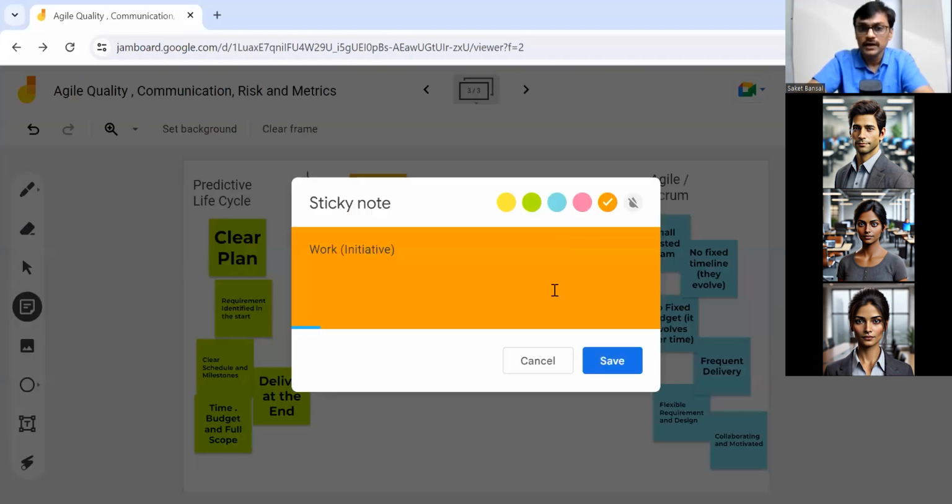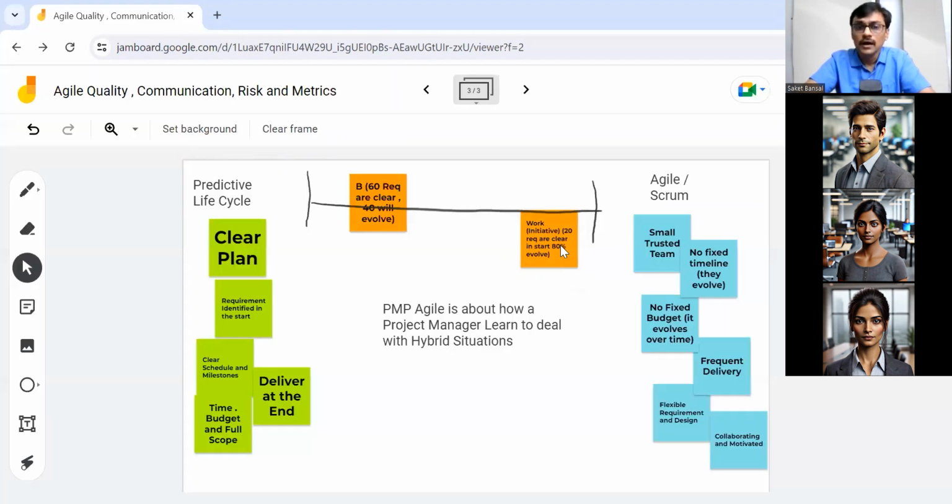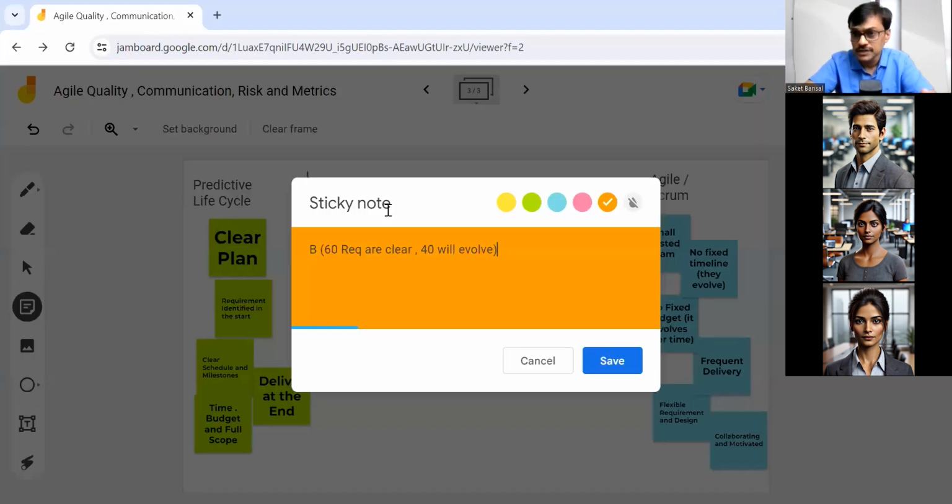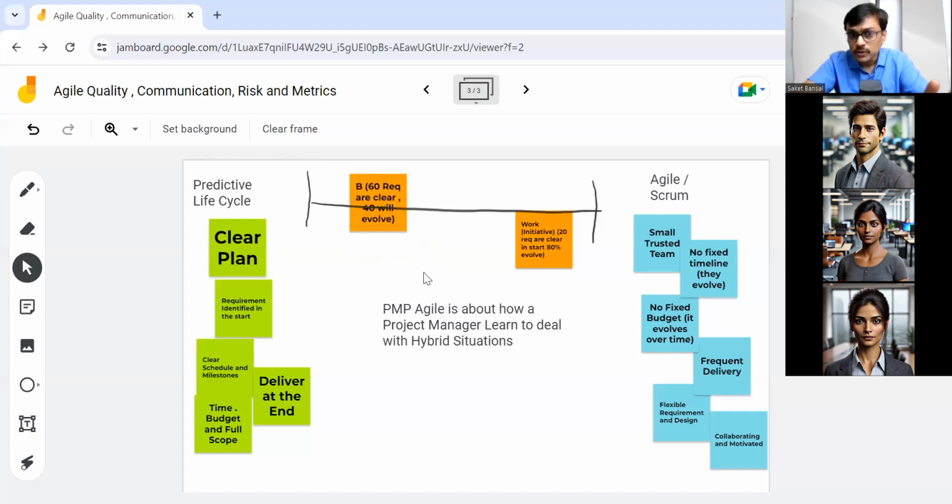And here you have another type of hybrid which says 20% of requirements are clear at the start, 80% evolve. Maybe a high-level budget outline is there for 1 to 2 years, but not very fixed. Here you may have a situation where the duration is fixed. You can still be flexible about the time and the scope, but the duration is fixed. So there could be a different nature to each initiative.